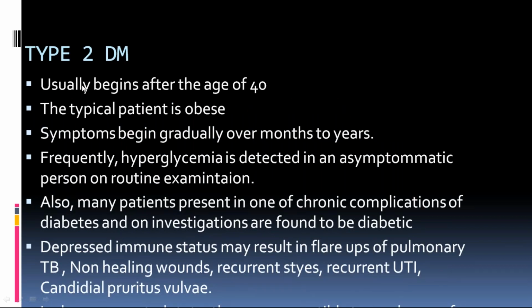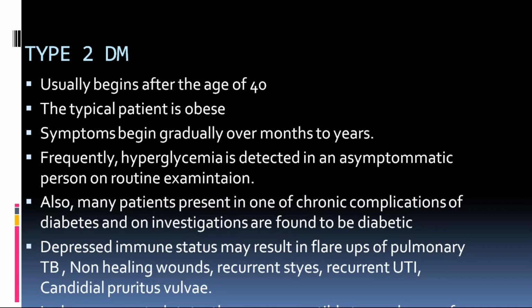And type 2 diabetes mellitus usually begins after the age of 40, and typically the patient is obese at presentation. Unlike type 1 diabetes mellitus, the symptoms usually begin gradually over months to years. Frequently hyperglycemia is detected in an asymptomatic person on routine examination. Patients may have no symptoms, but you can ask about symptoms of increased appetite, increased hunger, passing too much urine, or drinking lots of water, the feeling of thirst.